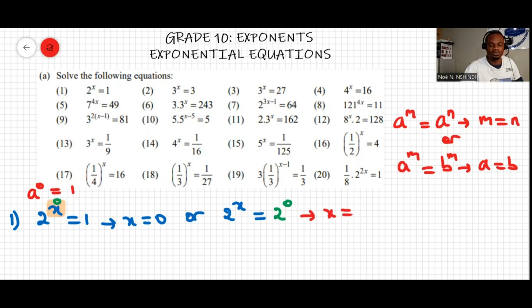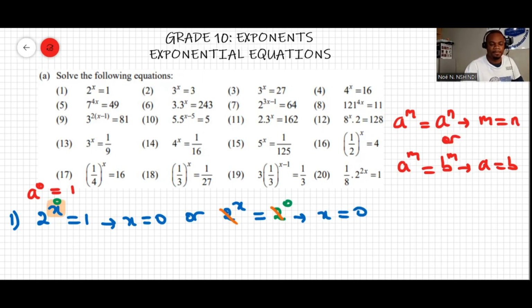This implies that x equal to 0. Over here we just drop the bases, we equate the exponents.